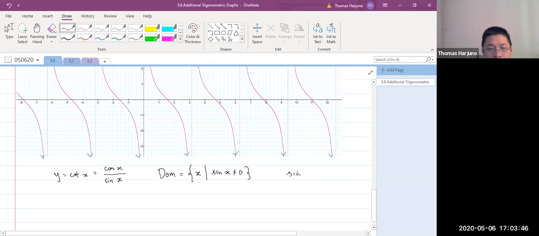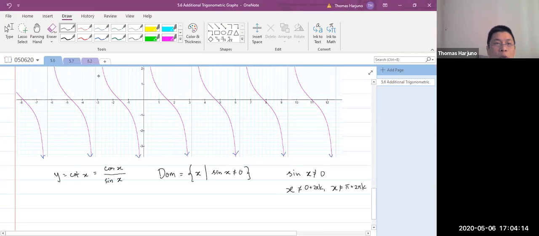Sine x is equal to zero when x is 0 degree or 0 radian or pi radian, right? Don't forget I need to add 2 pi k for the period, every 2 pi multiple of that pi or that 0.